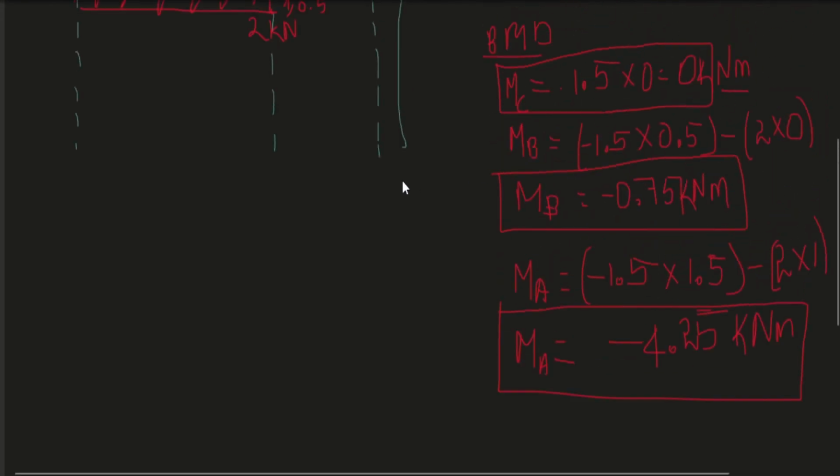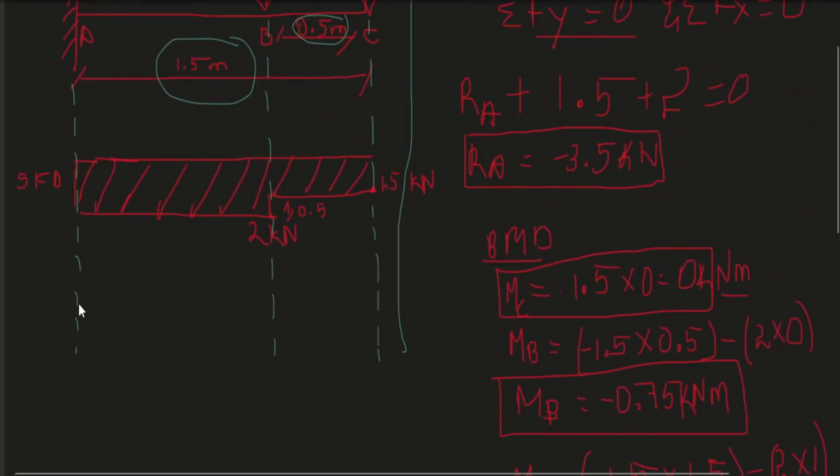Now we have got the bending moment at all the points, that is A, B and C. And now we are going to draw the bending moment diagram. I'm going to draw a straight line over here, and at point C we have 0 kilonewton meter, and it increases linearly. So at point B I have 0.75. I'm going to extend it a little at the bottom.